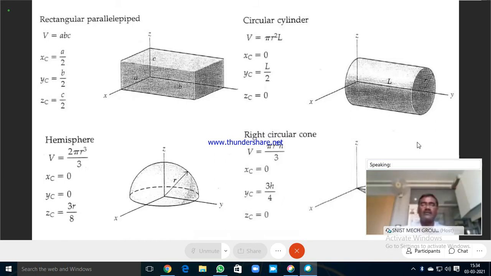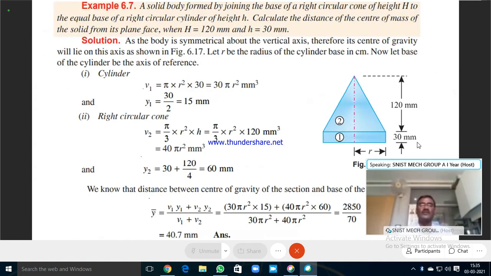So we will be using these formulas to locate the center of volume. Now we will solve some problems on the center of volume of composite bodies. All of you, please note down this problem. A solid body consists of a cylinder and a right circular cone of height h, which is given equal to the base of the right circular cylinder.